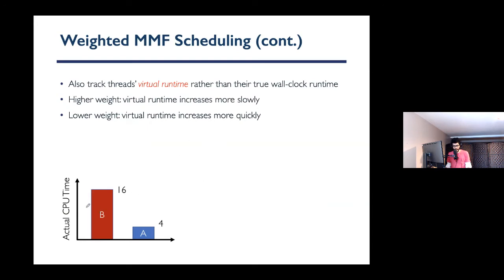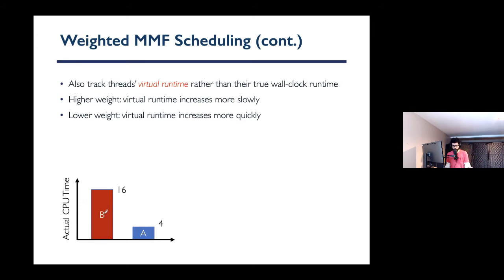So let's say I have two threads, A and B. Let's assume that thread B's weight is more than thread A's, and that thread B so far has gotten 16 time units on the CPU, and thread A has got 4 time units.